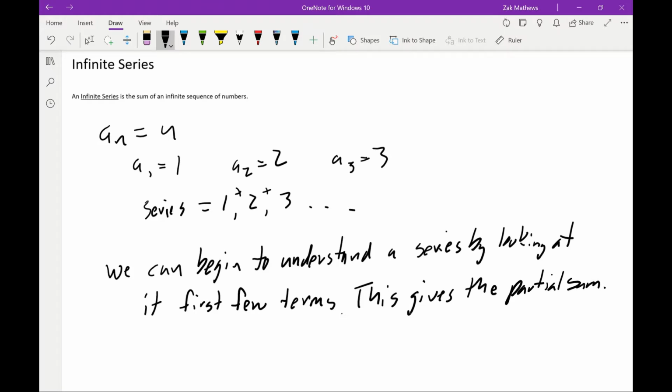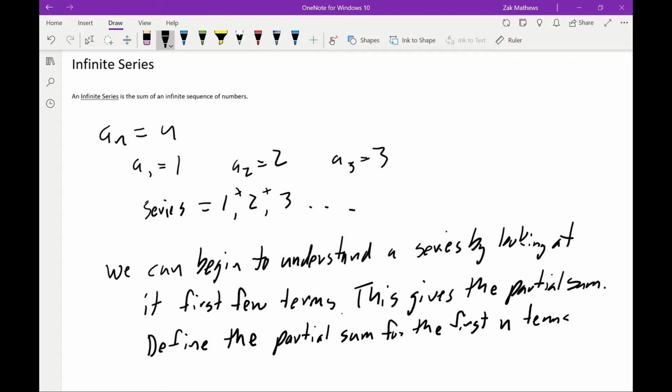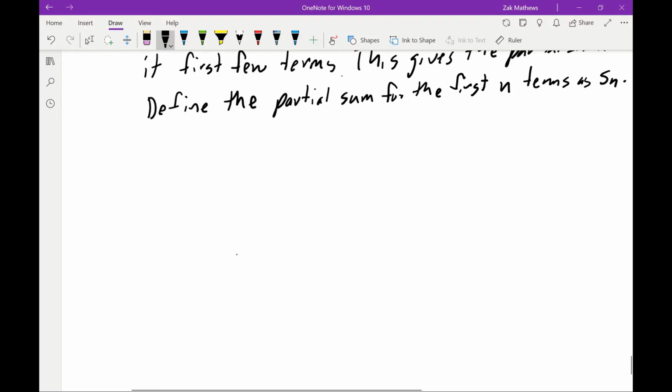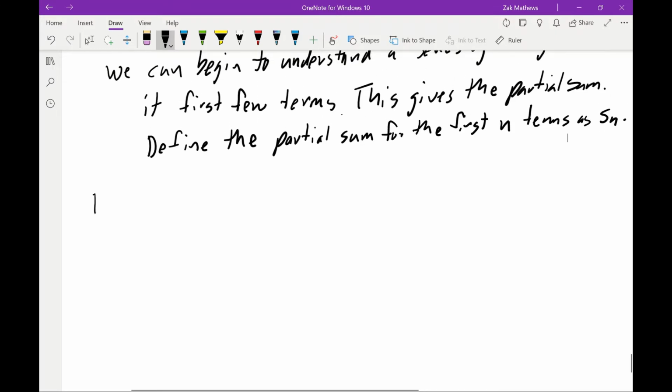And we can define the partial sum for the first n terms as S sub n. So what I want to do is take an example using this to get an idea of what's going on with a series.